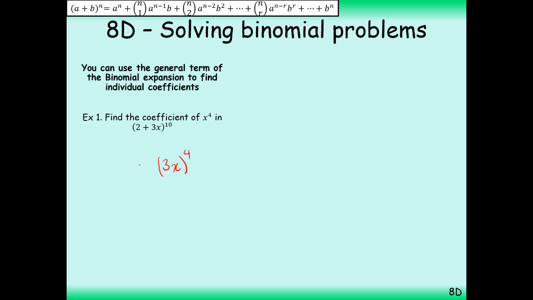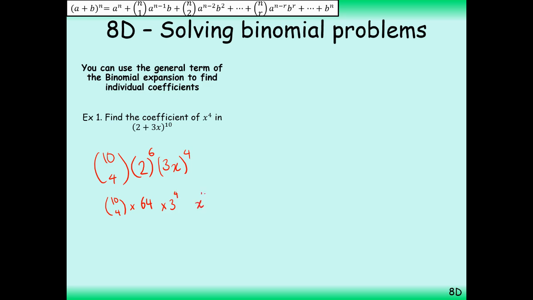Now what's the power of 2 going to be? 10 minus 4 is 6. And the coefficient will be 10 choose 4, which will be the same as 10 choose 6. So all you have to do is say, okay, I will have 10 choose 4 times 2 to the power of 6, which is 64, and 3 to the power of 4 is 81.